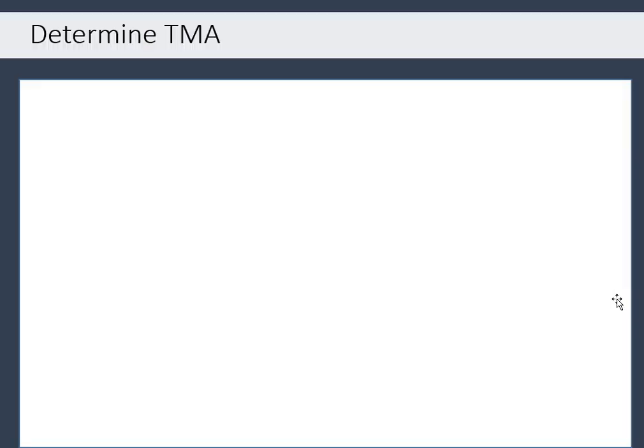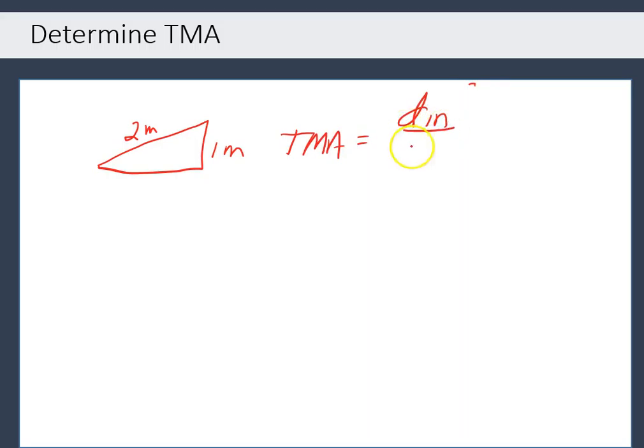Okay, so to determine the TMA, suppose we have a ramp. And this is what we did, and suppose this was 2 meters and this was 1 meter. Well, the theoretical mechanical advantage is d in over d out, where d in is the distance through which you must exert a force, and d out is the distance through which a force is exerted.